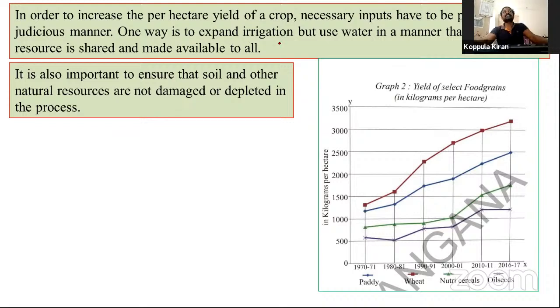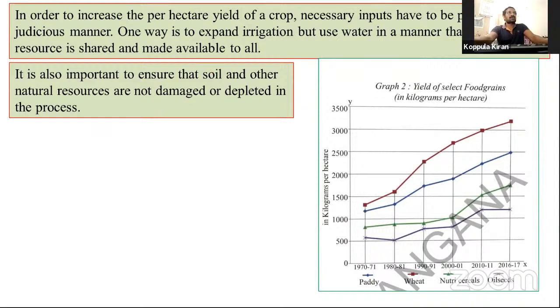One way is to expand irrigation, but use water in a manner that this vital resource is shared and made available to all. Another point is, it is also important to ensure that soil and other natural resources are not damaged or depleted in the process of cultivation.